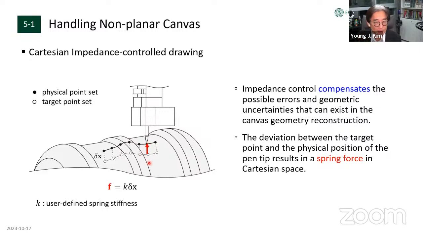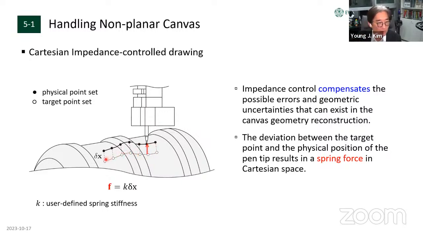So with this idea, since we do not know the exact canvas geometry, we slightly overestimate the target point set, which hopefully lies a little bit beneath the physical point set.